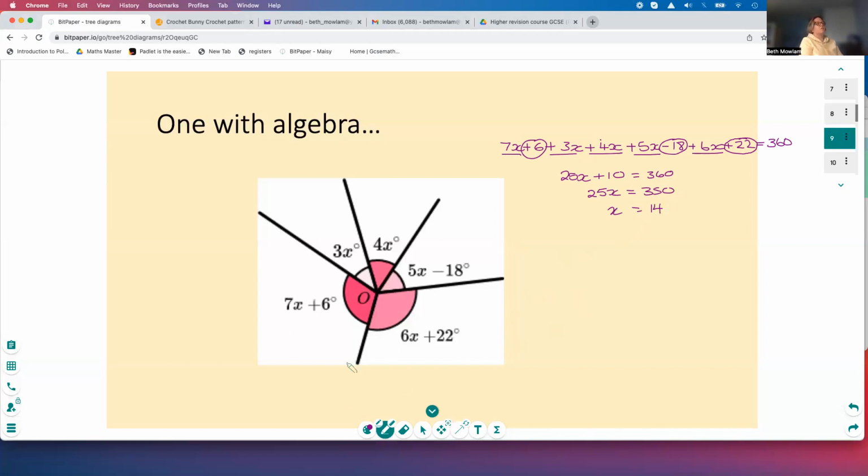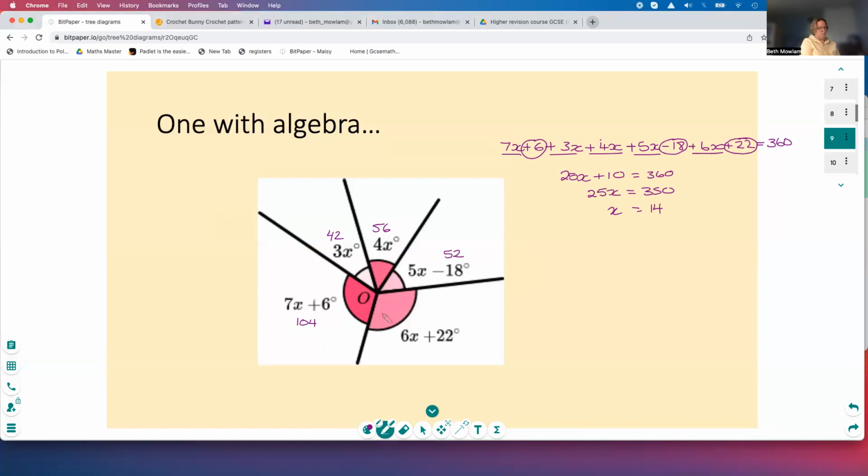Once we've got x as 14, we can work out each individual angle. So 7 times 14 plus 6, that one's 104. 3 times 14 is 42. 4 times 14 is 56. 5 times 14 minus 18 is 52.